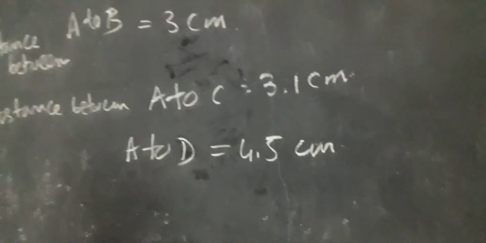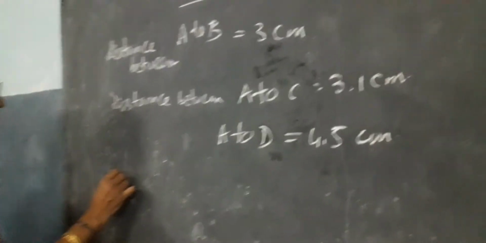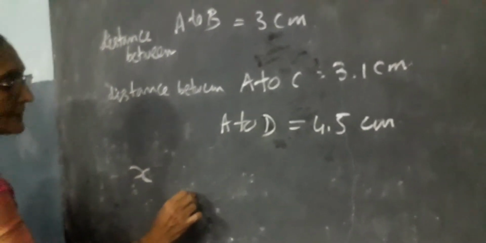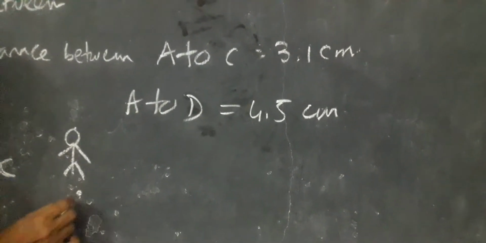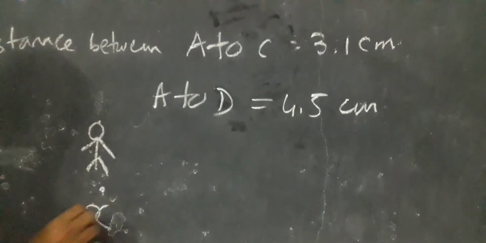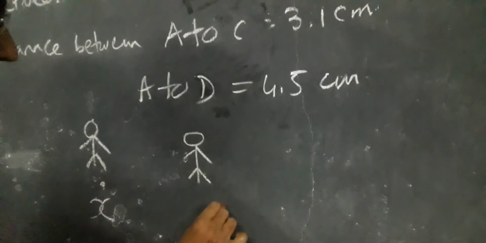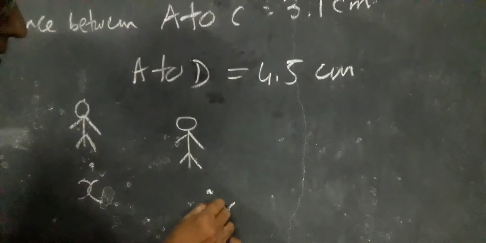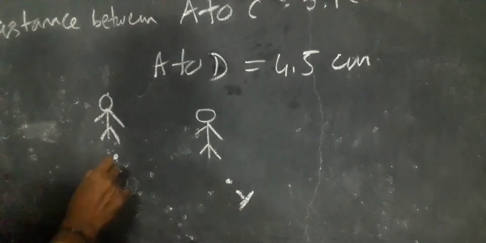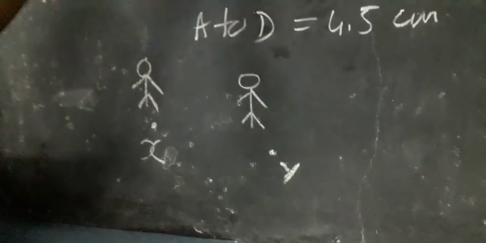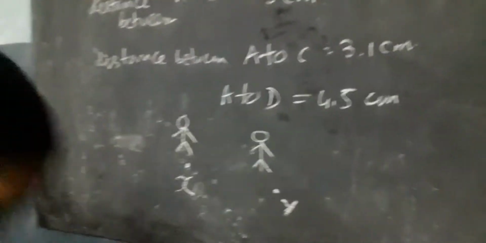Now I will give one example. Suppose a person X is standing here, and another person, Y, is standing here. Now measure the distance between X and Y. This is the blackboard of our school, so I am using a big scale.